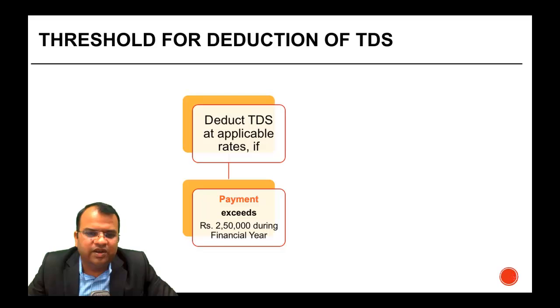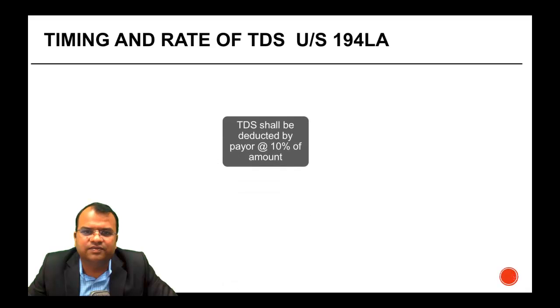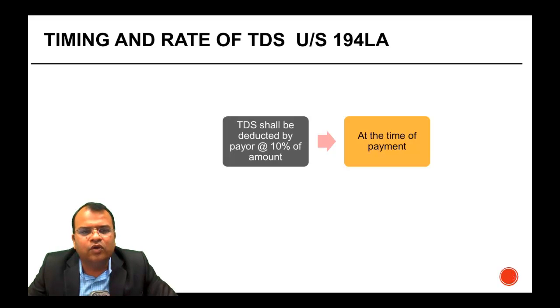The TDS has to be deducted when the payment exceeds 2,50,000 during the financial year. If it is less than this amount, then there is no requirement to deduct TDS. What is the timing and the rate? The TDS at 10% has to be deducted at the time of payment. Now this is important.